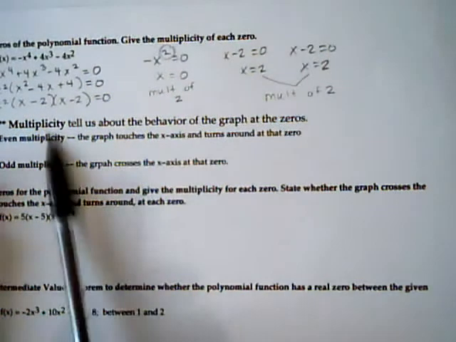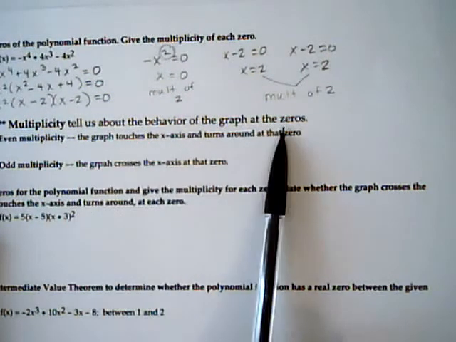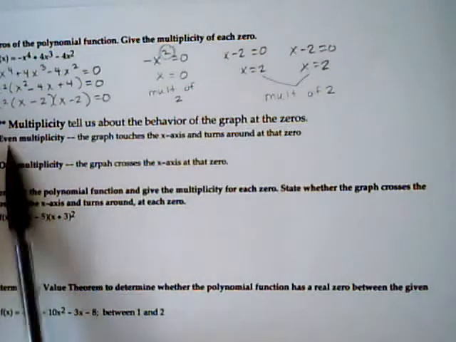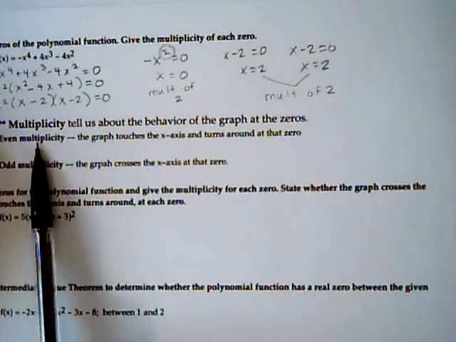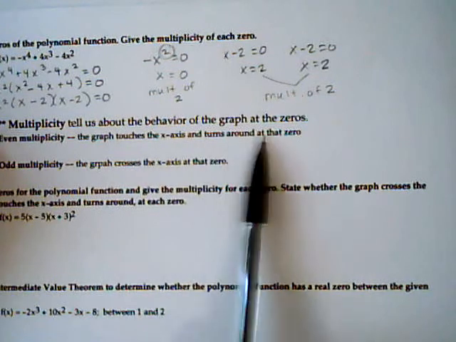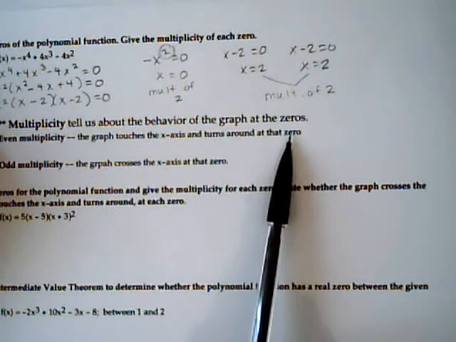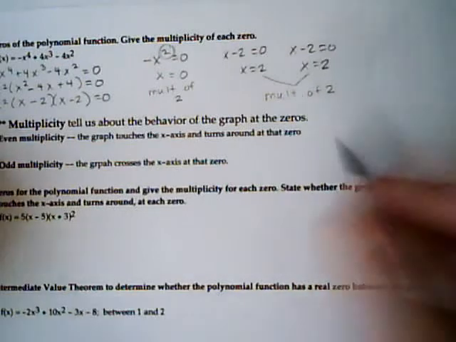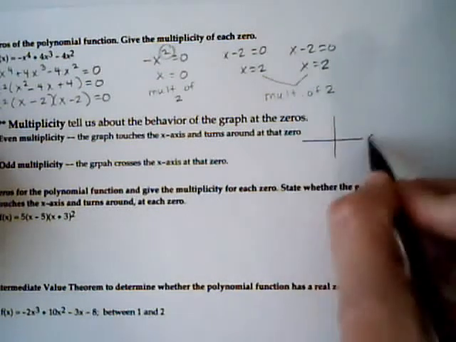Alright, multiplicity tells us about the behavior of the graph at the zeros. If you have an even multiplicity, it means that the graph touches the x-axis and turns around at that zero. So in other words, let me show you an example.